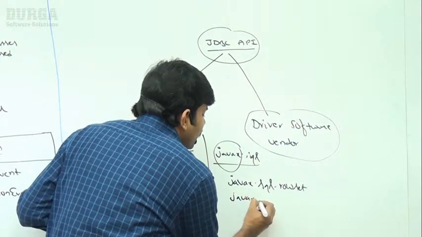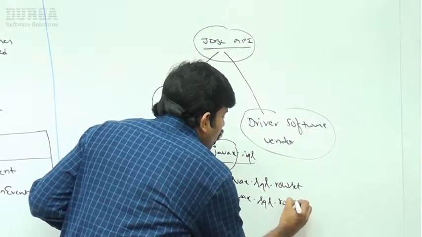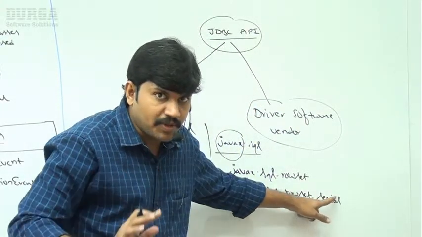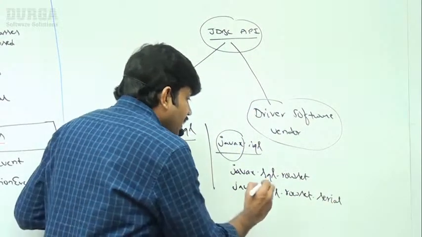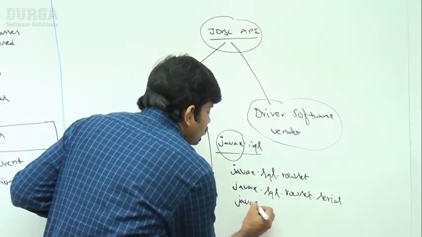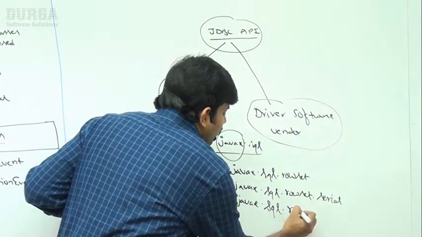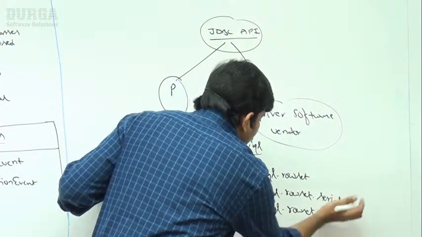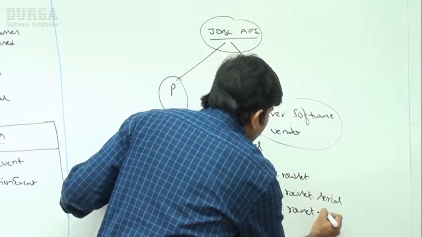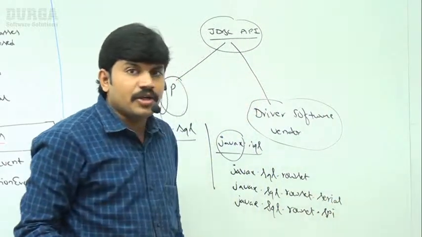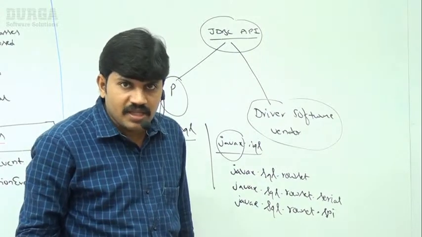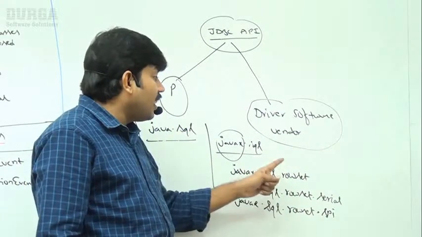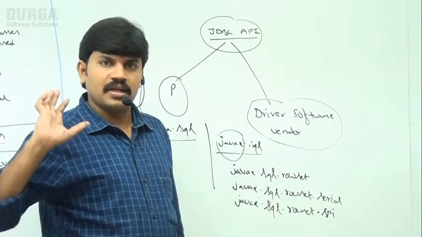Similarly, javax.sql.rowset.serial, for serialization purposes. Next, javax.sql.rowset.spi. Are you getting it? Here rowset.spi is related to the synchronization concept. Is it clear for all of you? Okay, make sure these are the various packages we have inside the JDBC API. Clear for all of you?